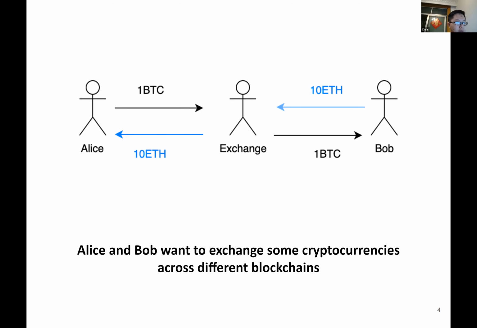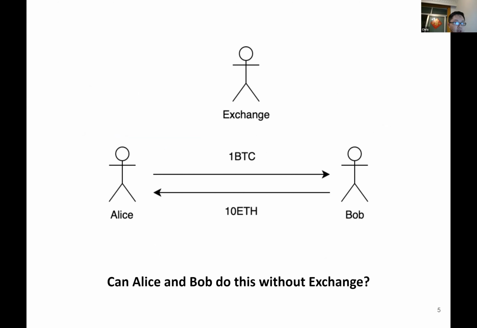But what if we want to do it without an exchange, or without a trusted third party? Can Alex and Bob do the exchange without a third party in the middle?